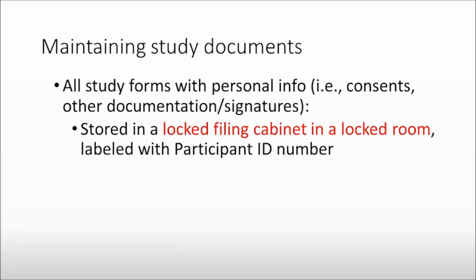So there's a personal information folder and then a research record folder, and those get stored in separate places in a locked filing cabinet in a locked room, both labeled with a participant ID number, and make sure you label them on every page so that we know which is which.